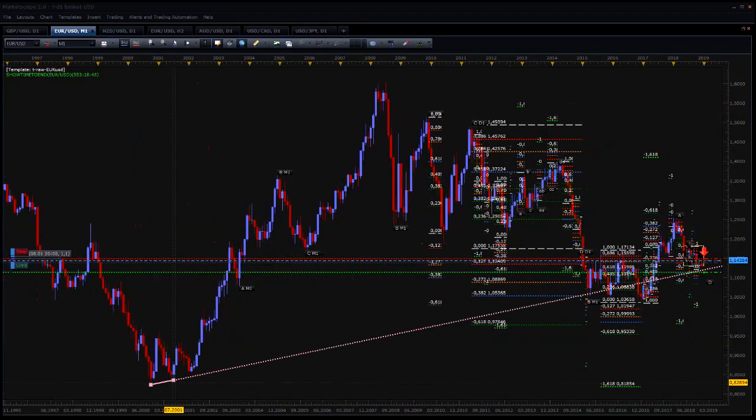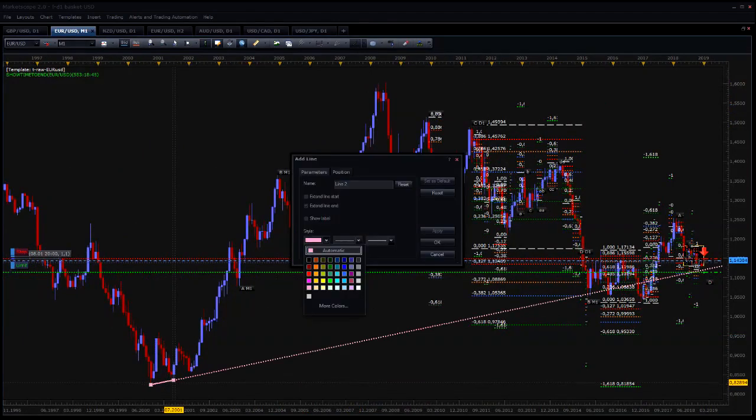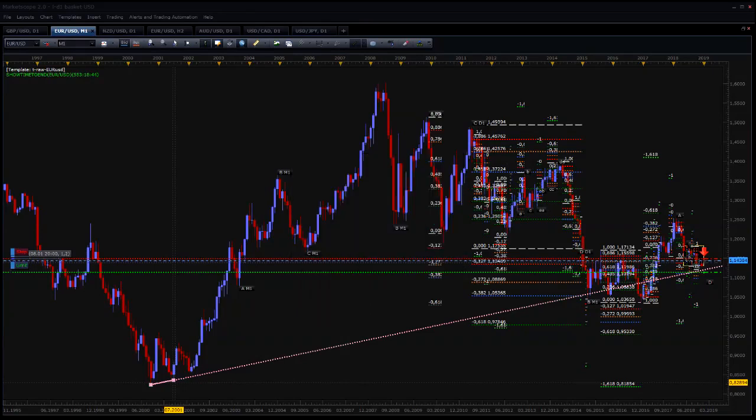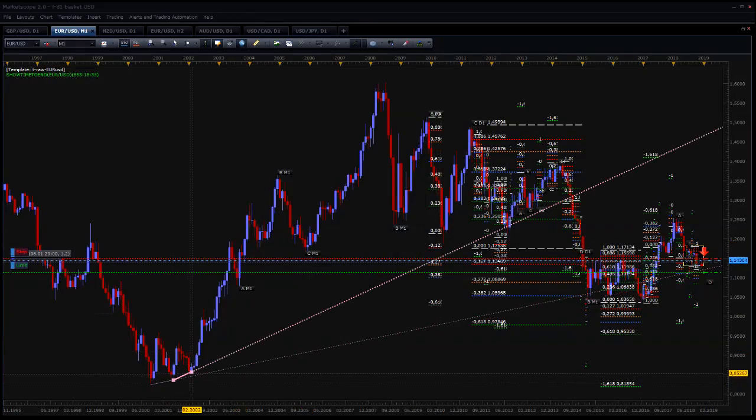Now my computer is not a supercomputer, so I'm slow. So I'm drawing uptrend lines because when you look at the picture, the market was in a downtrend.